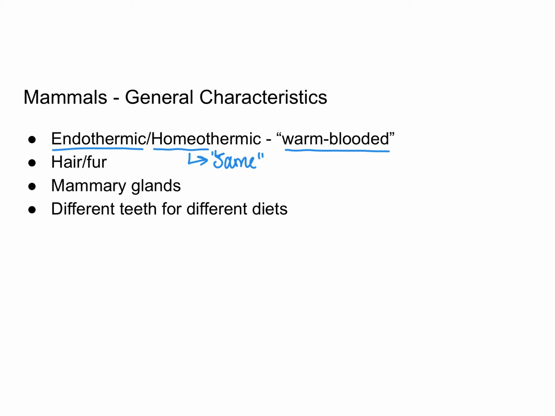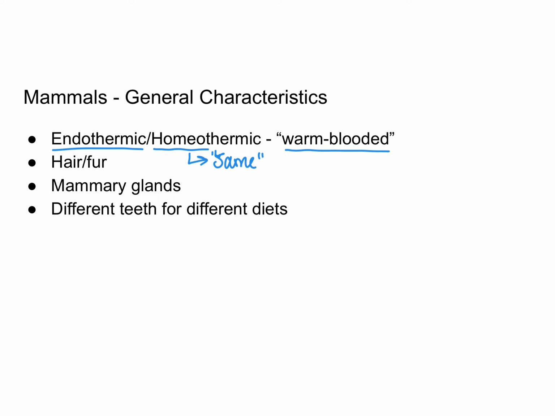Humans have an average normal body temperature of 98.6 degrees Fahrenheit, which is 37 degrees Celsius. And the endothermic properties of mammalian bodies mean that they can do things in order to maintain that homeostatic, or set, temperature.